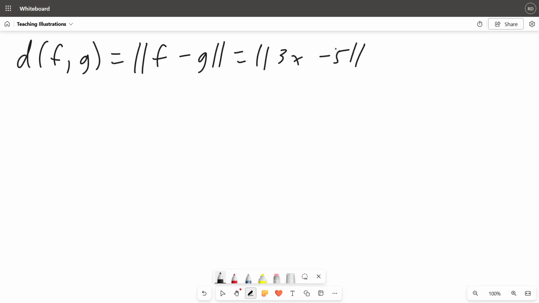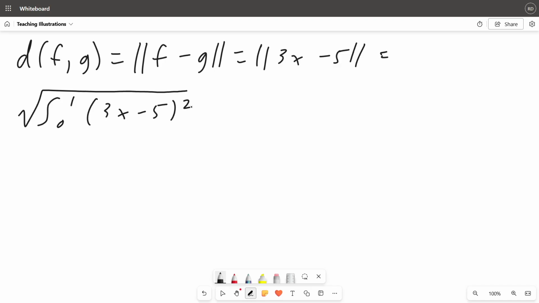You could show that using the inner product properties, that switching the signs on both of them would be like pulling a minus 1 out of both, so they would cancel out. So 3x minus 5, that would be the square root, and I said I would do it differently this time, but it's already set up, of the integral of (3x minus 5) squared dx.